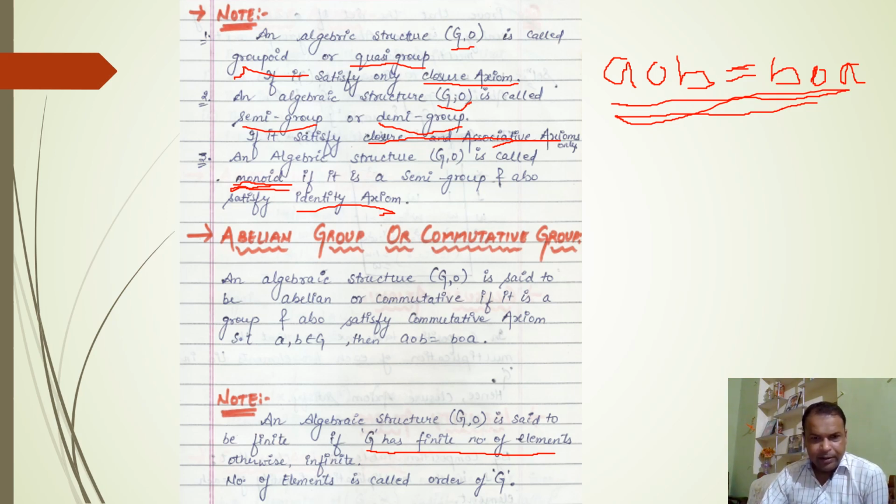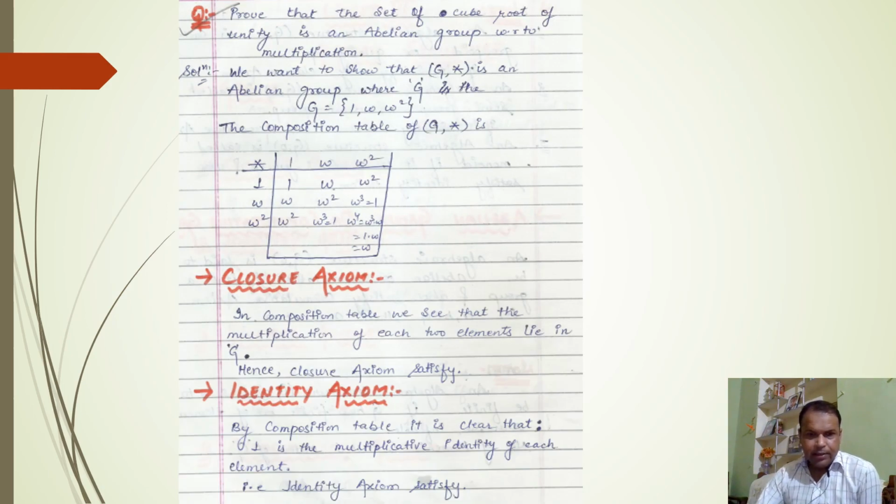Now we will take some problems based on finite groups. Let us see one example related to finite groups. Here an algebraic structure G has three elements: 1, omega and omega square. Here omega is the cube root of unity.